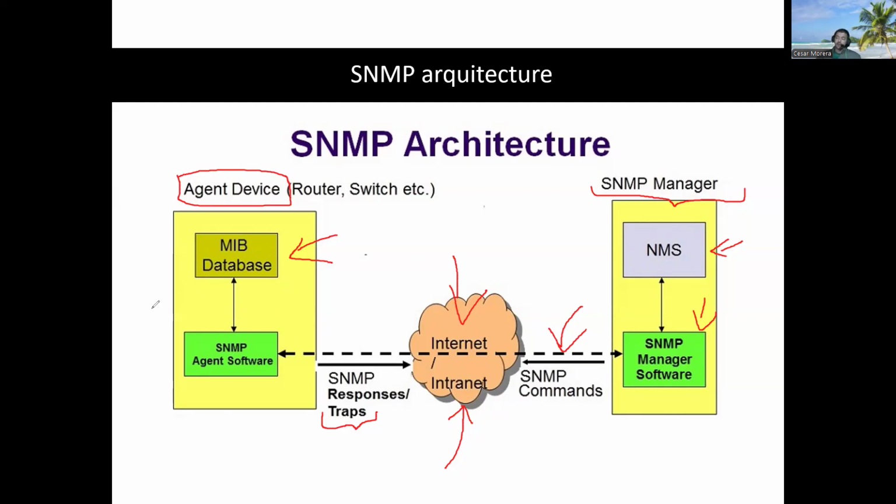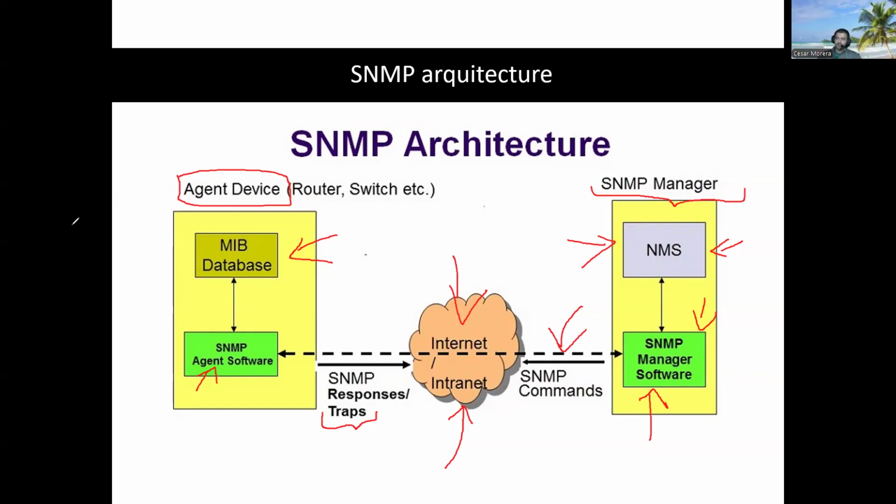Of course, we have the database MIB, the agent software as well, the SNMP manager software, the NMS, and the manager integration. All of this is traveling via internet and intranet, and it will give us monitoring information of our different devices. That's a little bit about the architecture for SNMP.